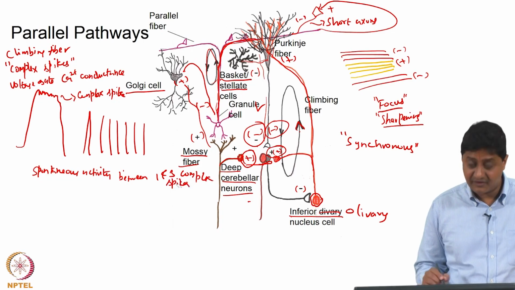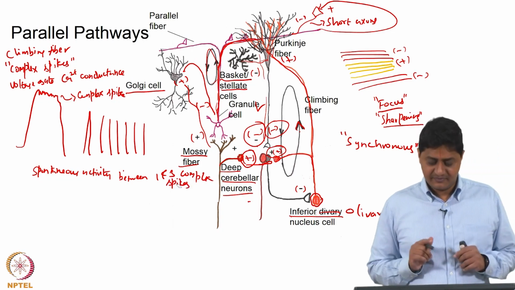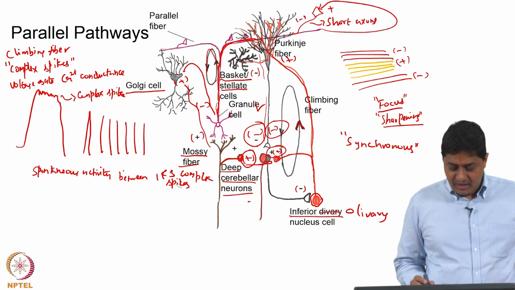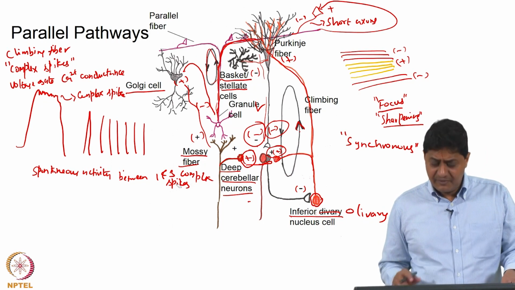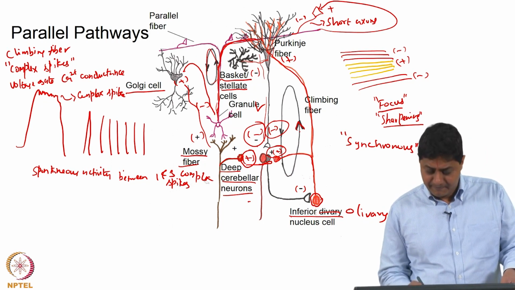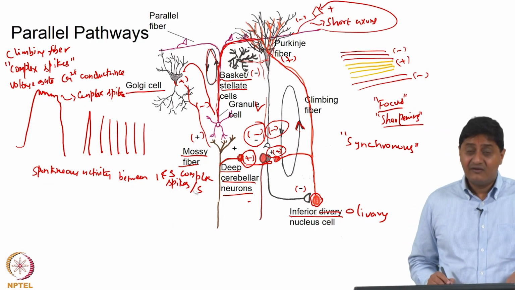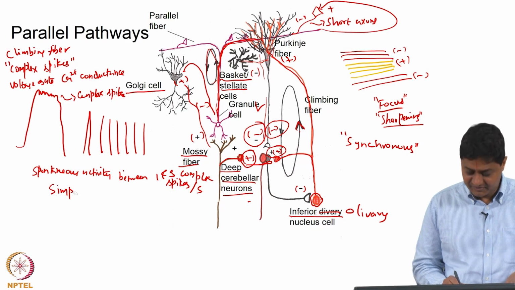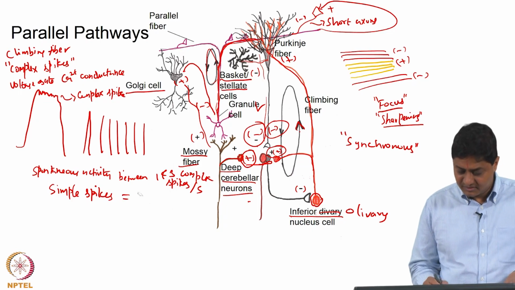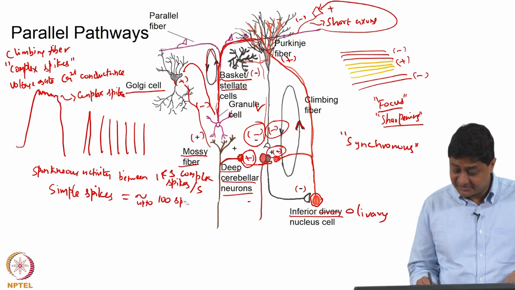So, even when you are sitting quietly not doing any activity, the climbing fiber causes anywhere between 1 and 3 complex spikes per second, whereas the activity of the Marcy parallel fiber system causes simple spikes at rest, sometimes even up to 100 spikes per second.